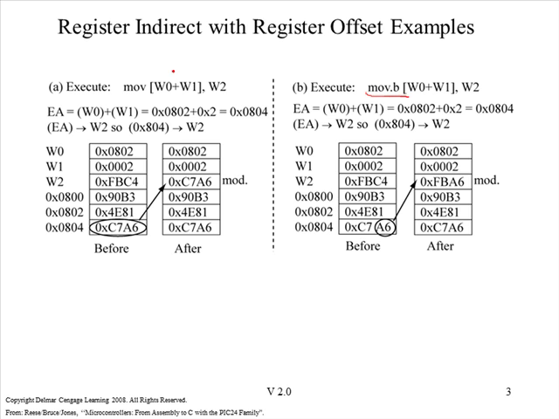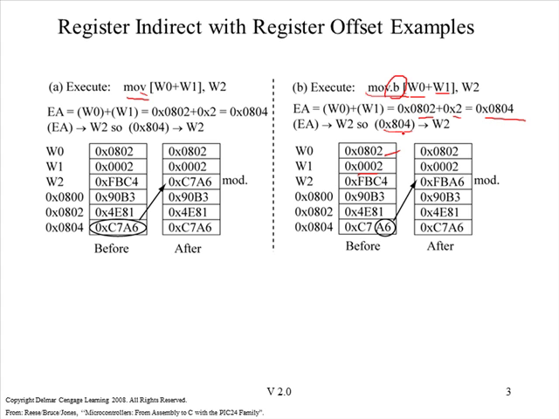This example is the same as this example, except this is going to be a byte operation, whereas this is a word operation. So the effective address is computed the same way. Take the contents of W0, which is 802, add it to the contents of W1, which is 2, to form the effective address of 804.